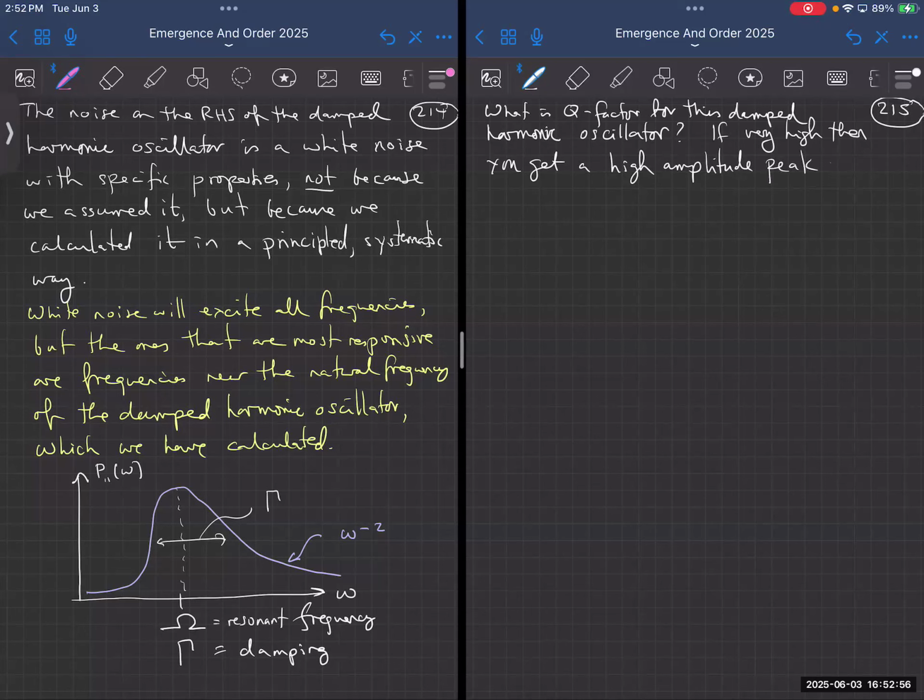The high amplitude peak in the power spectrum at omega, and you can calculate that, and it turns out that it is a high Q factor, and so you get a resonance that gives rise to the oscillations.